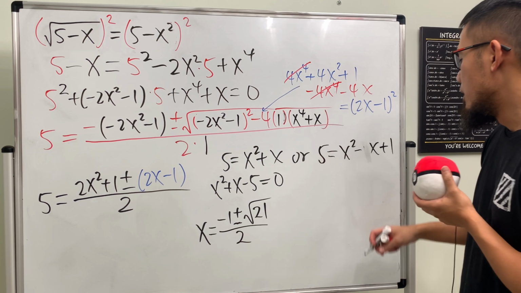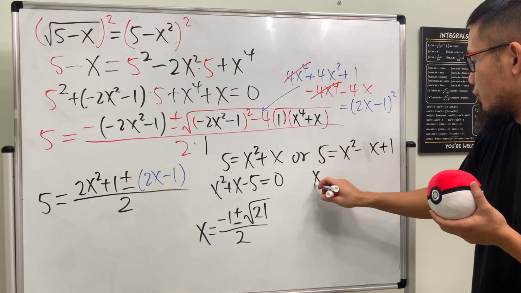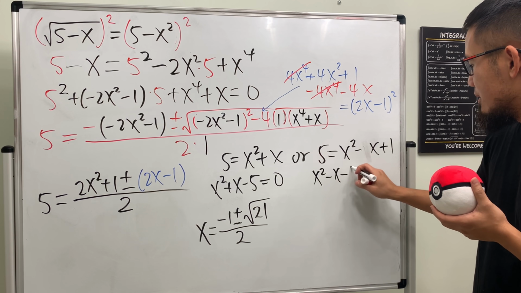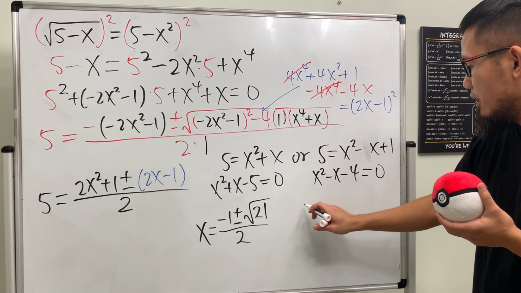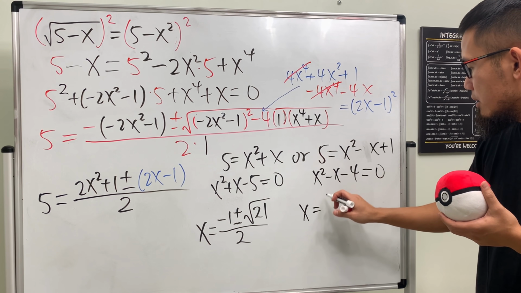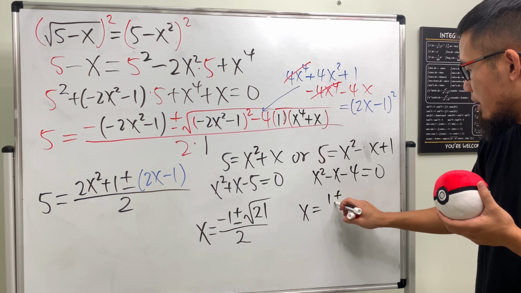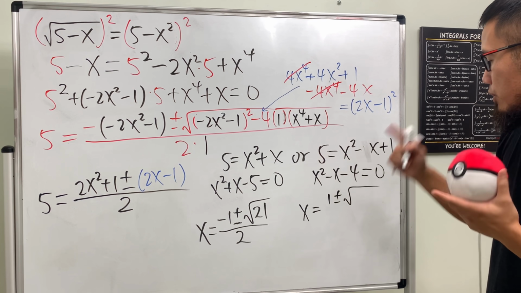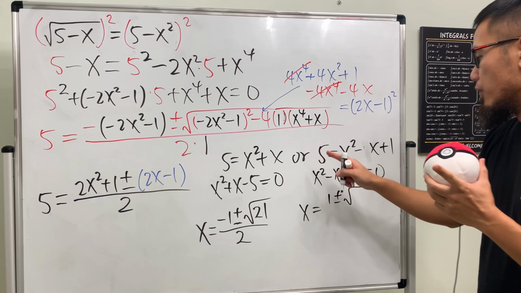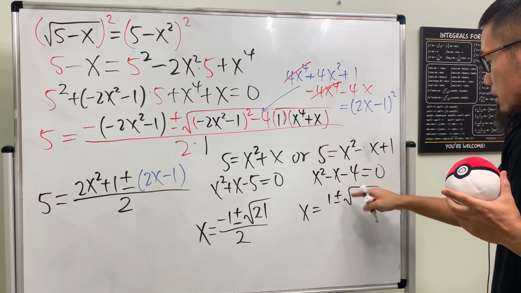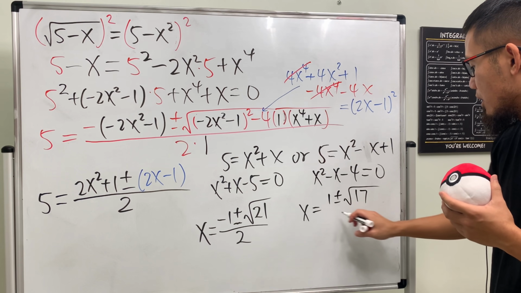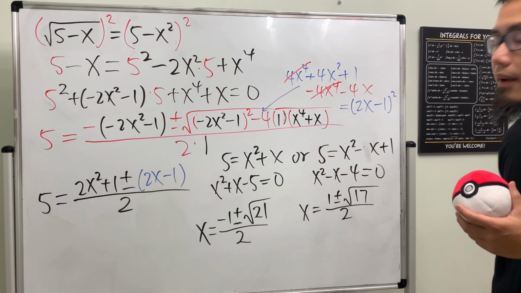Right here, again, just put this in the quadratic formula form, and we get x is equal to negative negative 1, which is 1, plus or minus square root of negative 1 squared, which is 1, and then minus 4 times this and that, which altogether you get 17, everybody over 2 times 1, just like that.